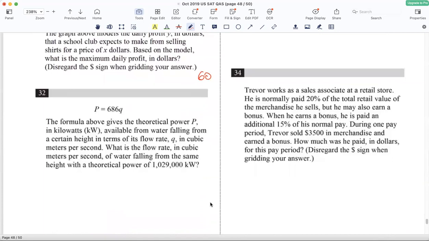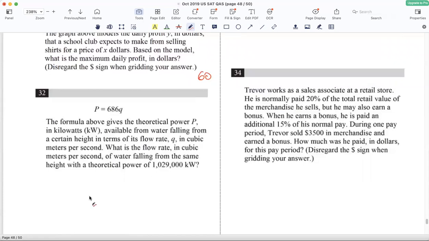The formula above gives the theoretical power in kilowatts available from water falling from a certain height in terms of its flow rate in cubic meters per second. What is the flow rate in cubic meters per second of water falling from the same height with the theoretical power of this? Okay, so this is the theoretical power. So we have to find the flow rate.